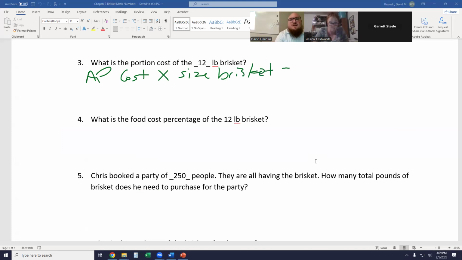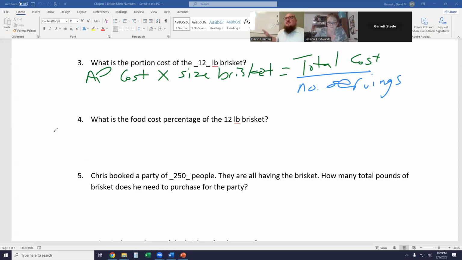That will give us our total cost. And then we're going to divide by the number of servings. This is a lot easier way than what I was showing you on the PowerPoint where we divided by the yield percentage.